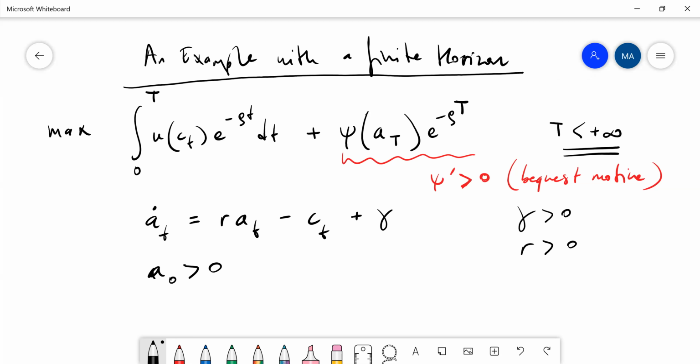Now you see it's a bit strange because the state variable at a particular date will enter your problem in this way. And of course the consumer looks at the present value of it, not the current value. That's the current value.